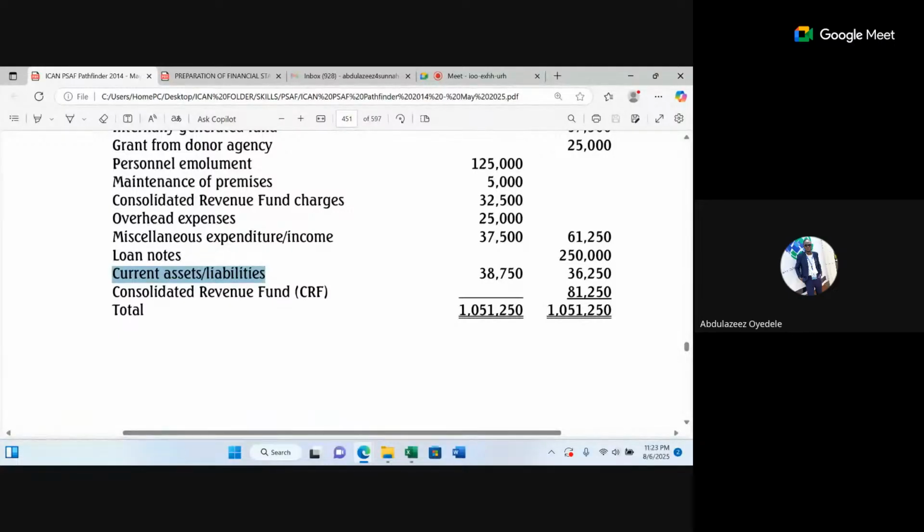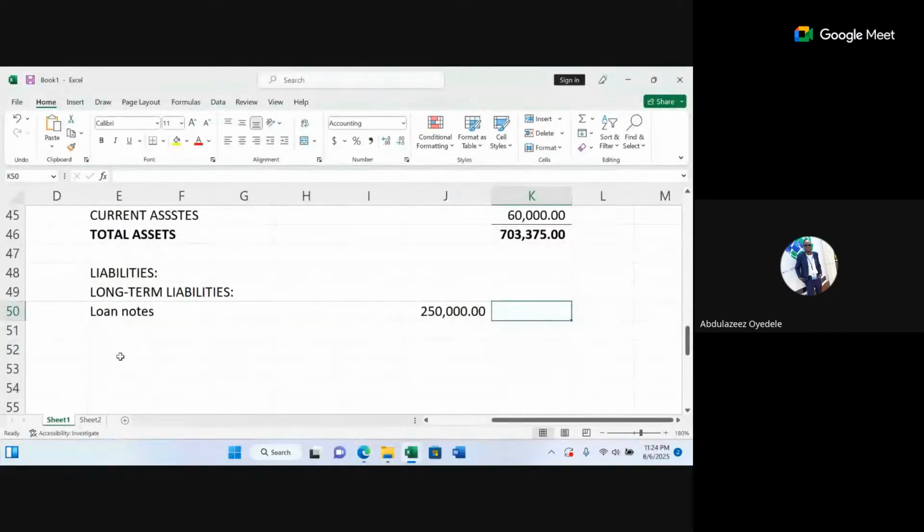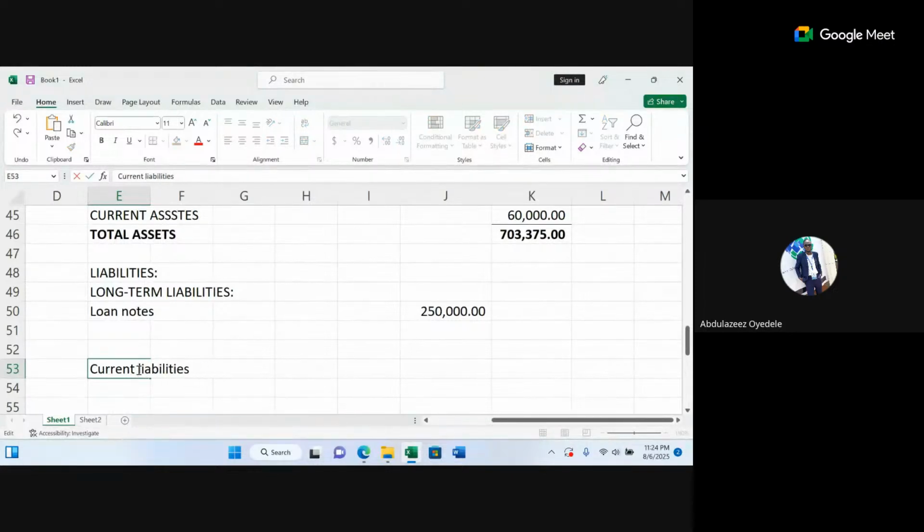Maybe it is payables, maybe accrued expenses or whichever, or short-term debts. They have consolidated everything into this 36 billion 250. So let's take it as current liabilities.